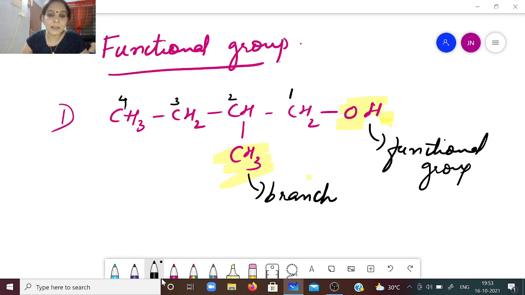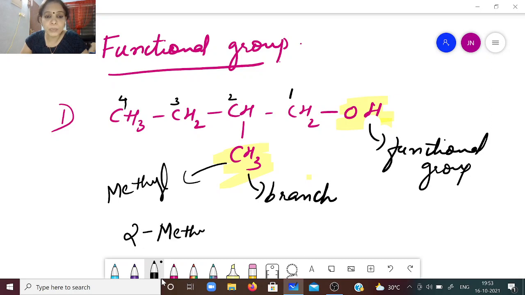Okay, so the second carbon has a methyl group. What group is this? This is a methyl group because one carbon is there. So the name will be 2-methyl, as it is on the second carbon. Now how many carbons are there? Four carbons, and it is an alcohol.